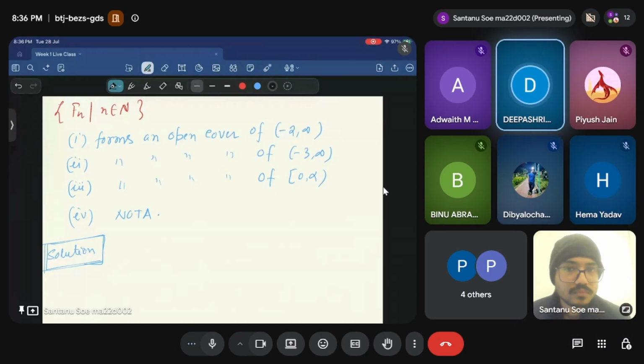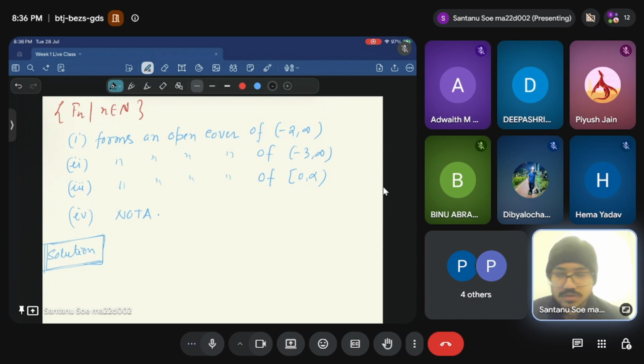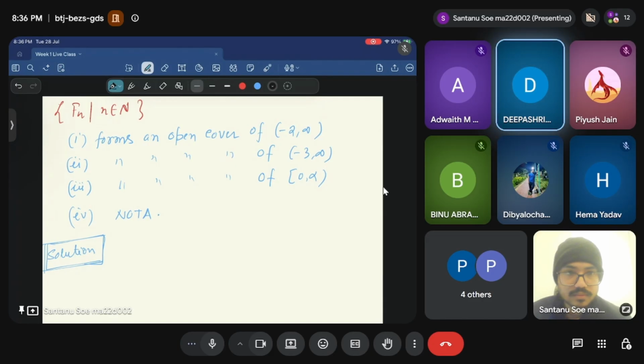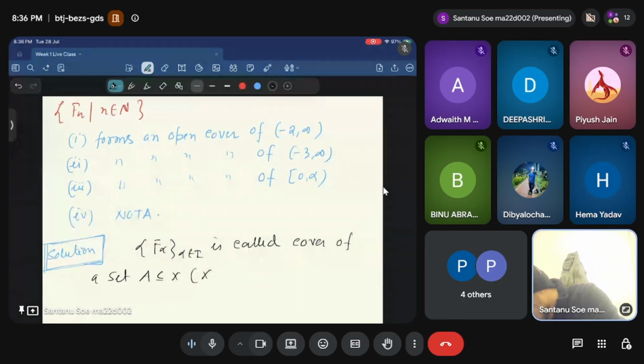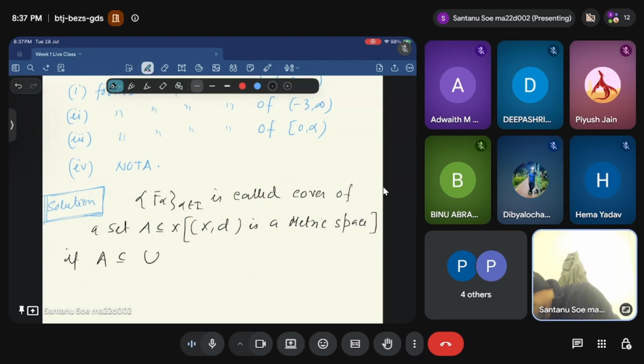Yeah, if we take a collection of sets F_n, it will be an open cover of the set A if every element of A belongs to one of the sets. Yeah, that's true. But not only that; there should be another thing, right? That each set should be open. Okay. So a collection of sets is called a cover of a set A, a subset of X, where (X, d) is a metric space, if A is a subset of the union over alpha belonging to I. Only then is this collection called a cover.